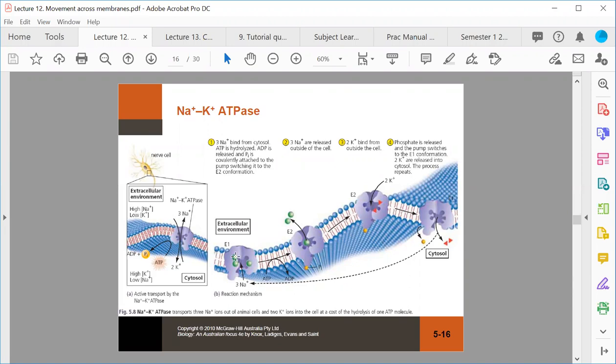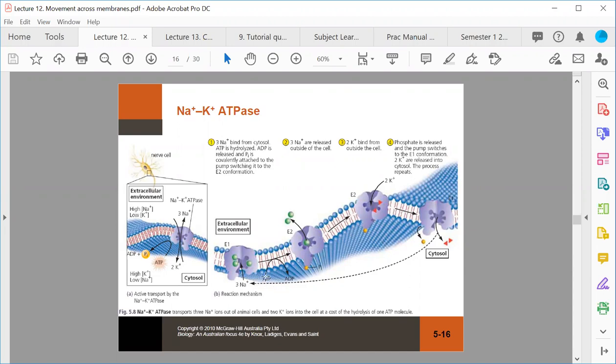Now we can look at this part of the image, which shows what's happening in this process. Let's look at our sodium potassium ATPase here. It's open, the opening is facing the cytosol of the cell, and this is where it binds 3 sodium ions.